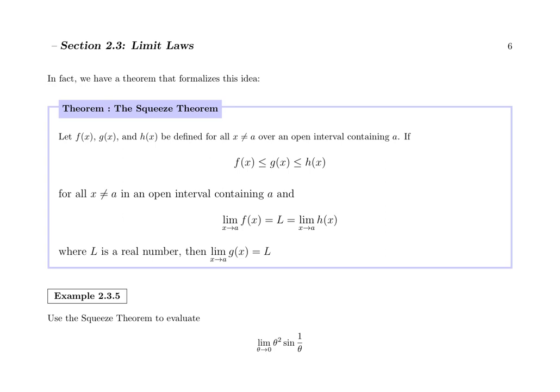If g of x is between f and h, so f of x is less than or equal to g of x is less than or equal to h of x, for all x that are not a in that open interval that contains a, and if the limit as x goes to a of f of x is the same as the limit as x goes to a of h of x, so the lower and upper bounds of g of x have the same limit L, where L is a real number, then the squeeze theorem tells us that the limit as x goes to a of g of x has to also be L.